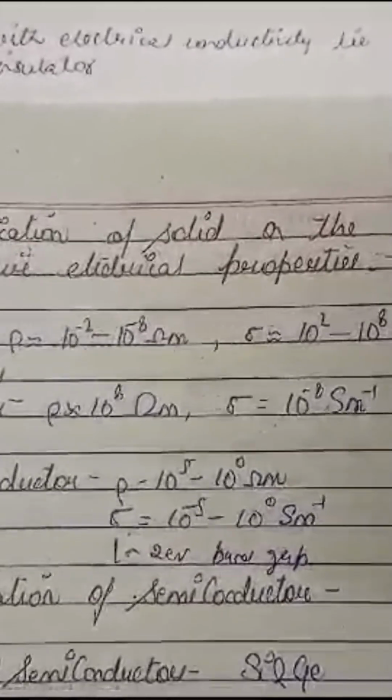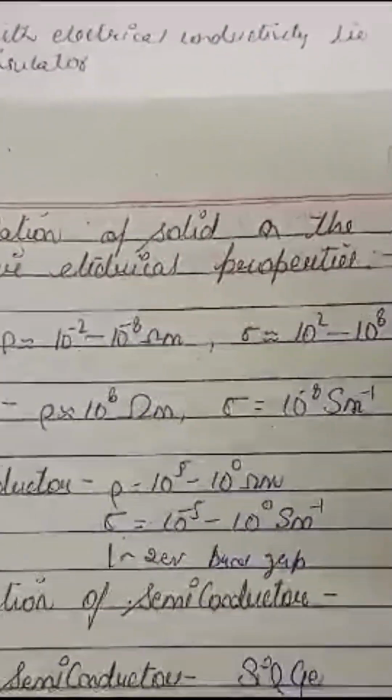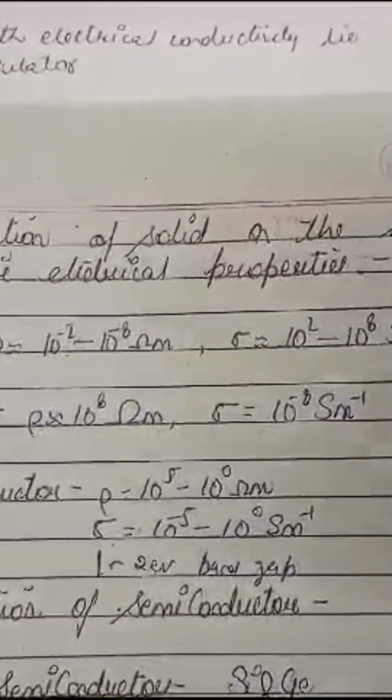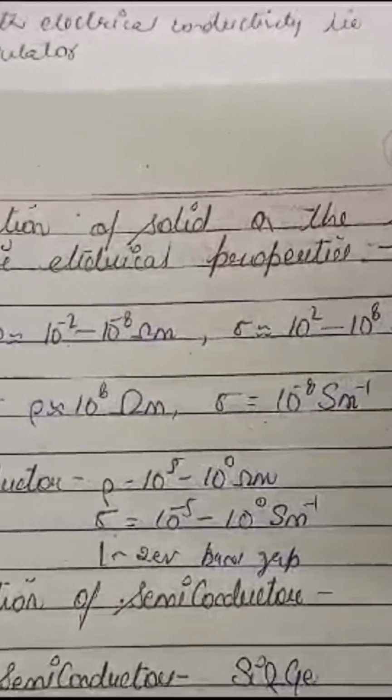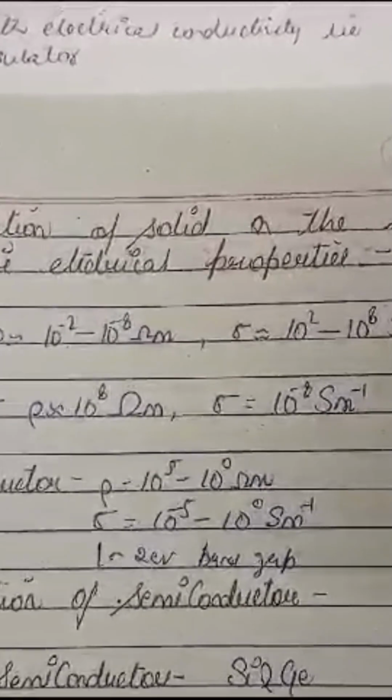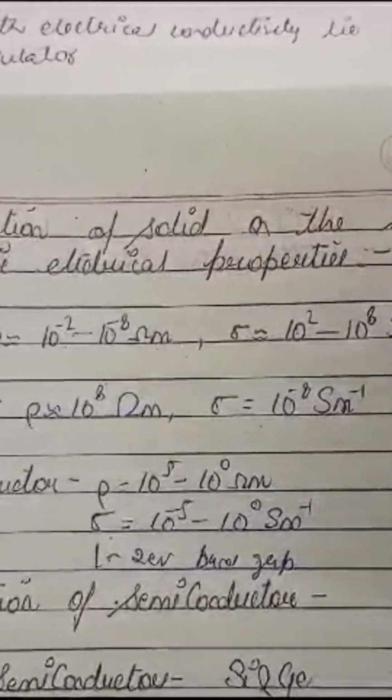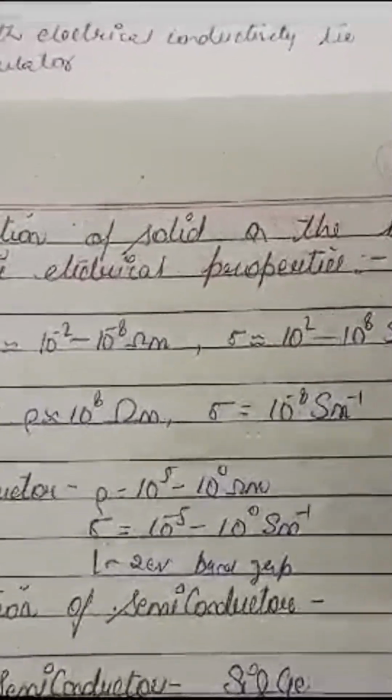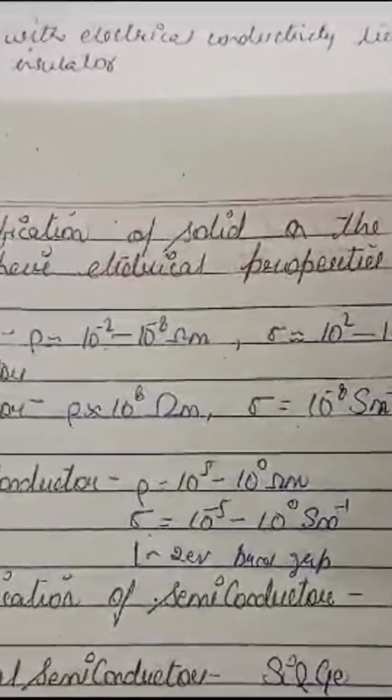For example, silicon, germanium, and gallium arsenide are a few elements used for semiconductor purposes. Applications are diodes, transistors, solar cells, and integrated circuits.